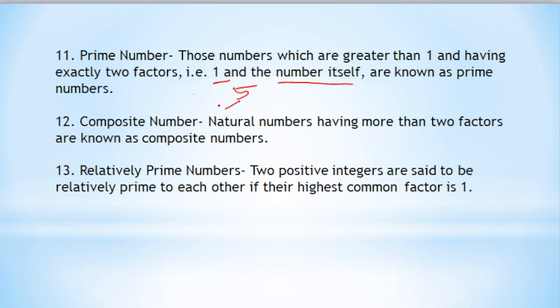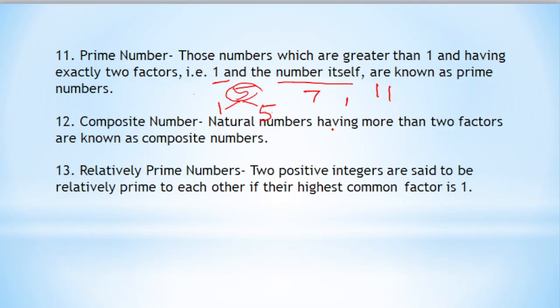Now 5, it has two factors. One factor is 1, another factor is 5. That means 5 is exactly divisible by these two factors. So these numbers are known as prime numbers. 7, then 11. These are prime numbers.